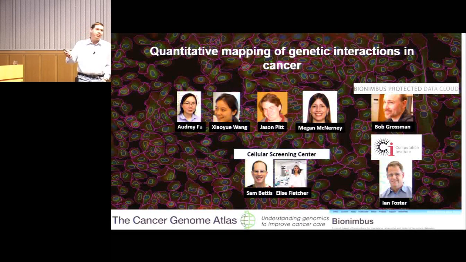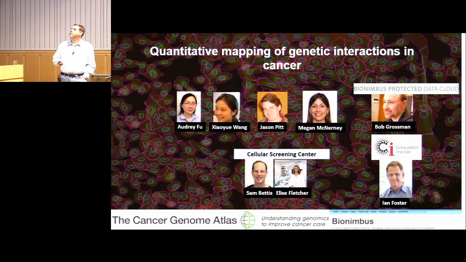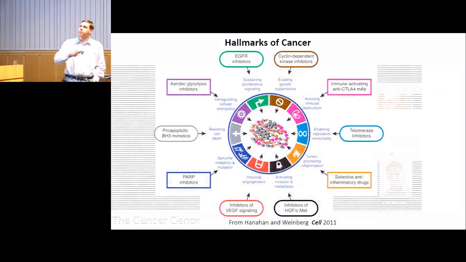These four people have worked together to do this work, to do quantitative mapping of genetic interactions in cancer. We've had a lot of help from our screening center staff. And I'm going to talk about the computational platform and some of the pipeline that we've developed in order to be able to do this work.